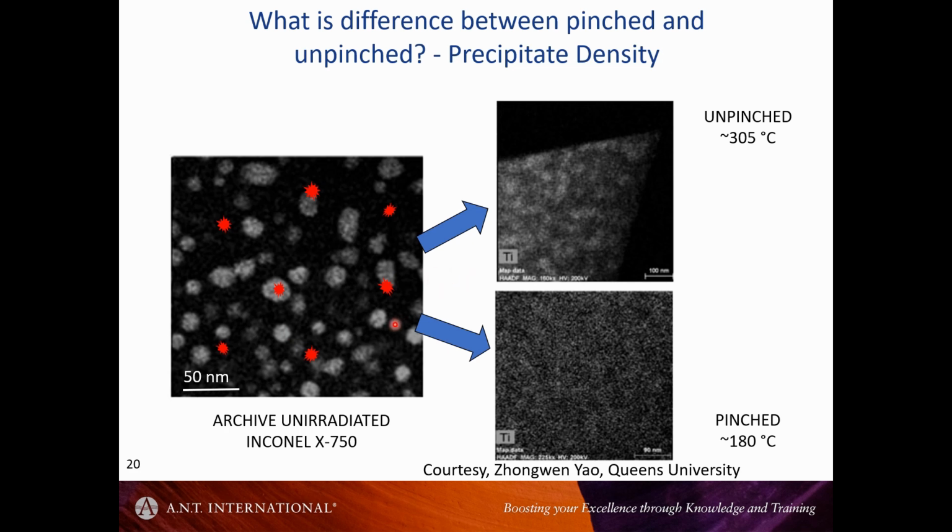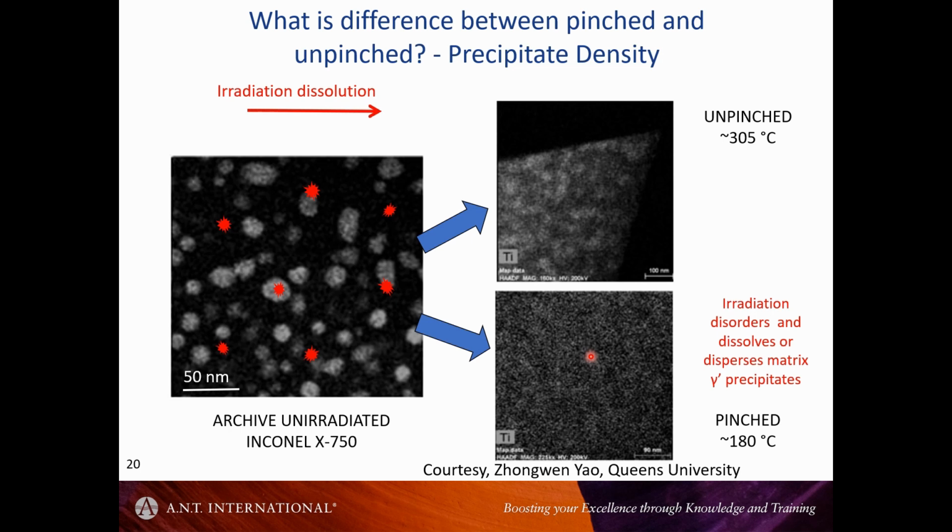In this particular example, which is Inconel X750 unirradiated, but then after irradiation at a certain temperature, if it's a high temperature, we still retain some of the gamma prime, but at lower temperatures we see less of it. So basically at the lower temperatures the irradiation dissolution is more extensive. Irradiation dissolves or disperses the gamma prime, but at a higher temperature you can get some reprecipitation, and the disordering is less pronounced.